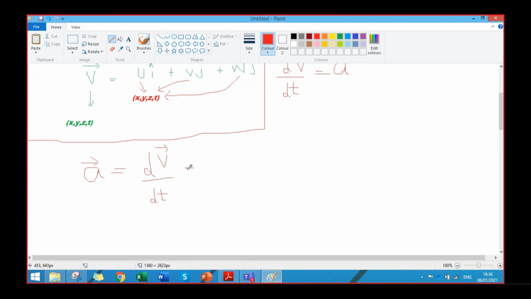But what happens now? This velocity is a function of x, y, z, and time. So firstly, we should take the derivative of the capital V, the velocity field, with respect to time.